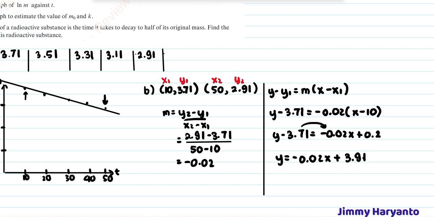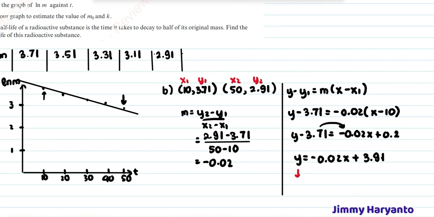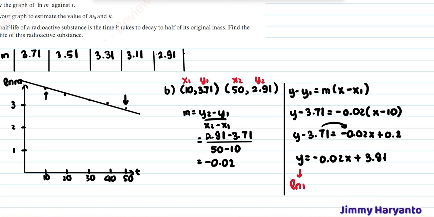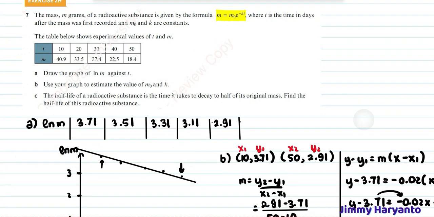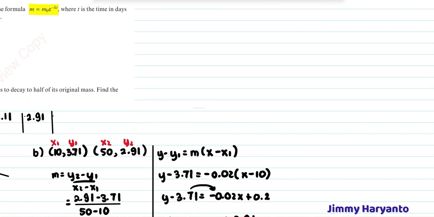Okay, after this you have to change the y into ln m because the y-axis is ln m and the x-axis is t. It means you will have an equation like this plus 3.91, and then we have to compare with the original equation. We have m equals m0 times e to the power of negative kt.